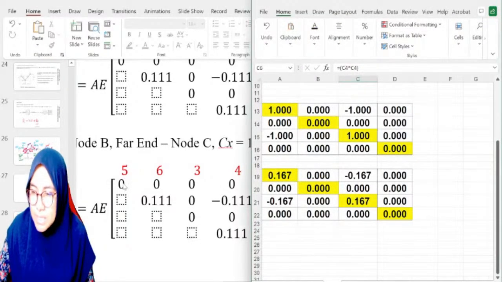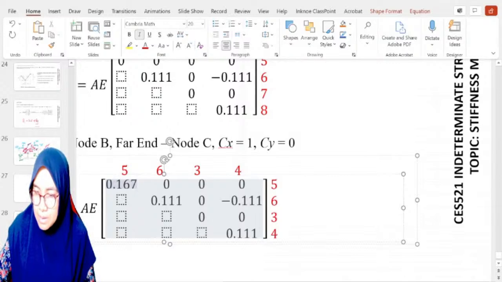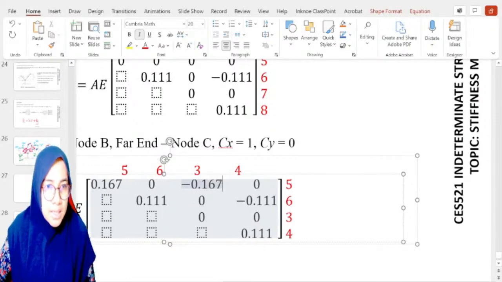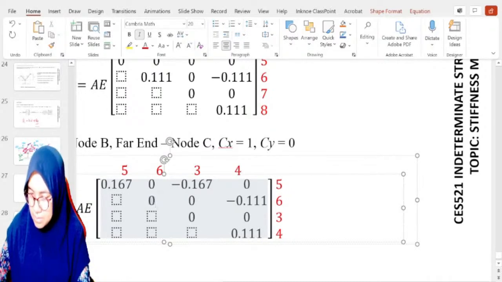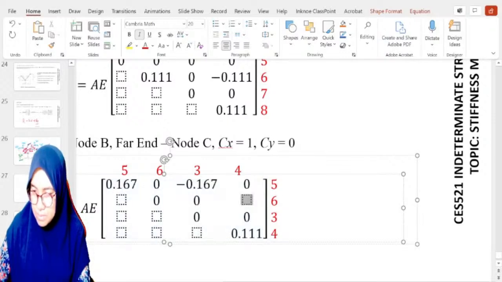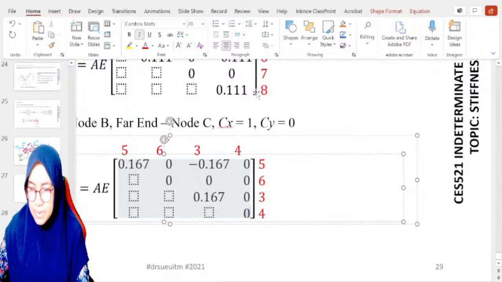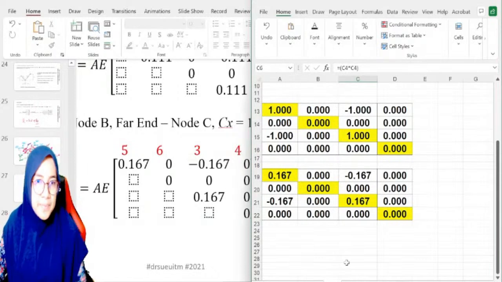Okay, it is 0.167, and 0. Okay, we'll check back later. Is this the right one? Okay, correct.